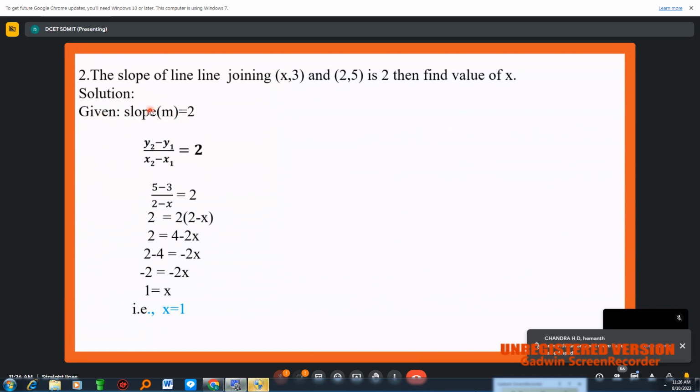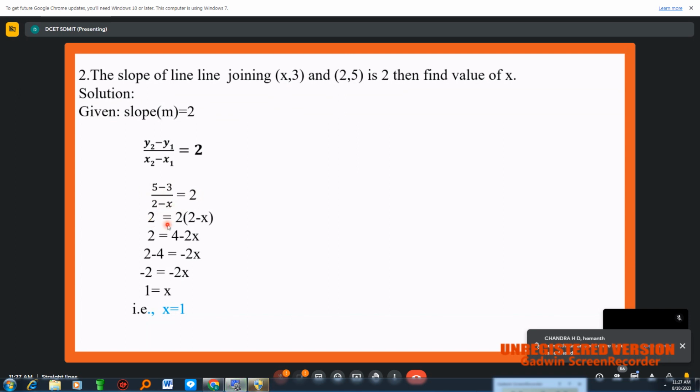How to find the slope? Write the formula: y2 minus y1 divided by x2 minus x1 is equal to 2. So y2 is 5, y1 is 3, x2 is 2, x1 they have given as x only. That is 5 minus 3 divided by 2 minus x is equal to 2. Then 5 minus 3 is nothing but 2.